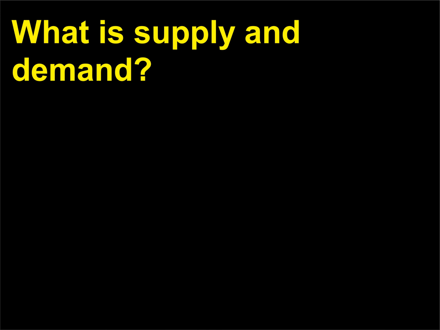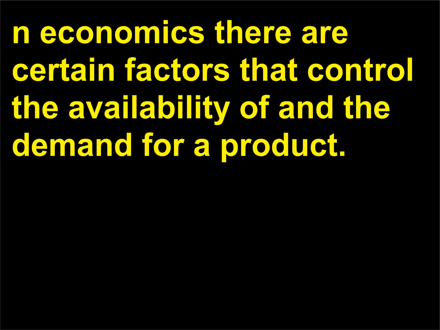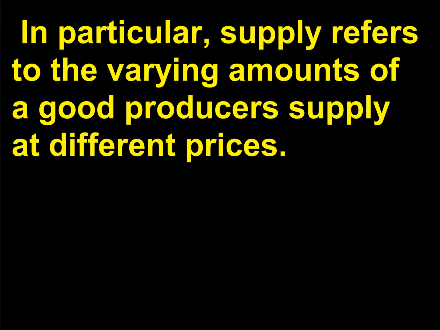What is supply and demand? In economics, there are certain factors that control the availability of and the demand for a product. In particular, supply refers to the varying amounts of a good producers supply at different prices.